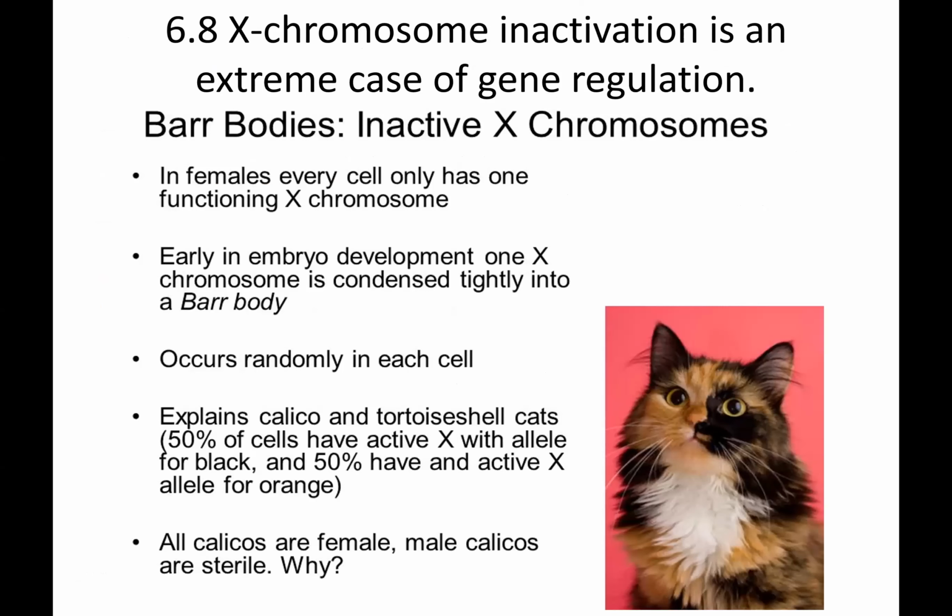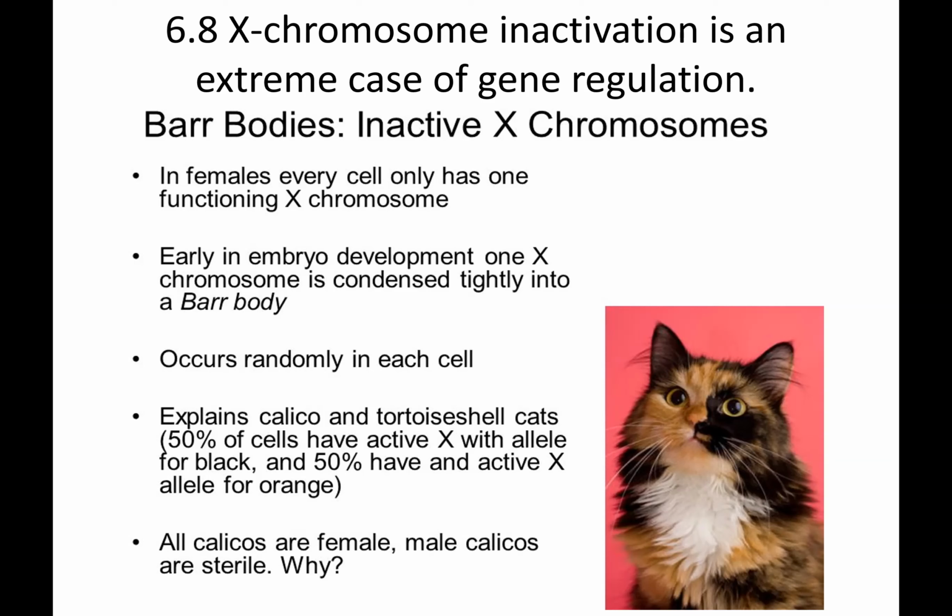X chromosome inactivation. This is an extreme example of gene regulation. So remember, with gene regulation, some genes are turned on, some genes are turned off. In X chromosome inactivation, or barr bodies, this can occur, and you can see this with calico and tortoiseshell cats, for example. In females, every cell only has one functioning X chromosome. If you remember from what we've talked about before, we get 2 copies of our sex chromosomes, one from mom, one from dad, and that determines our sex.